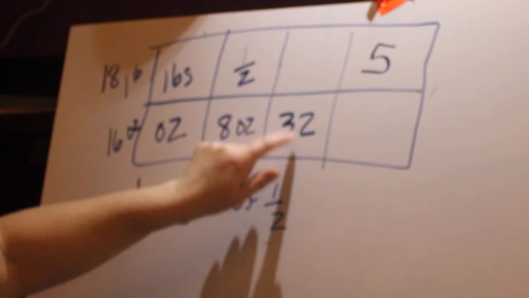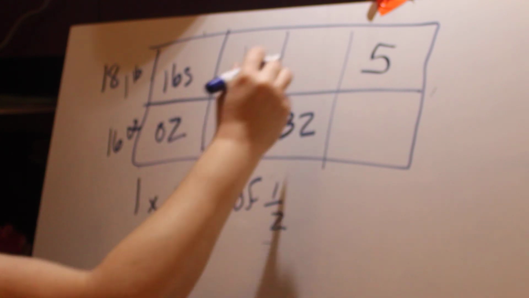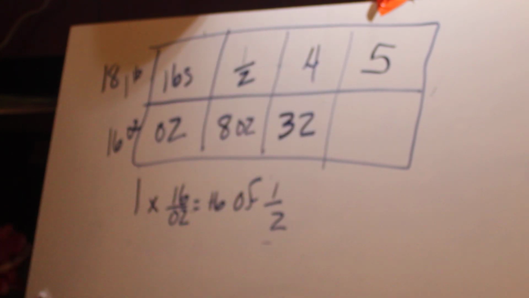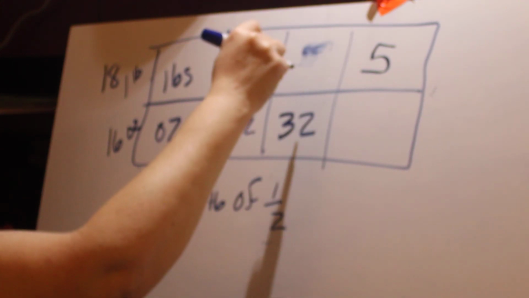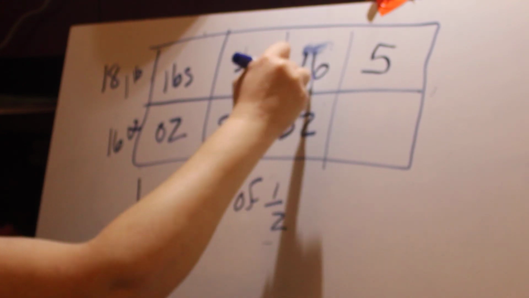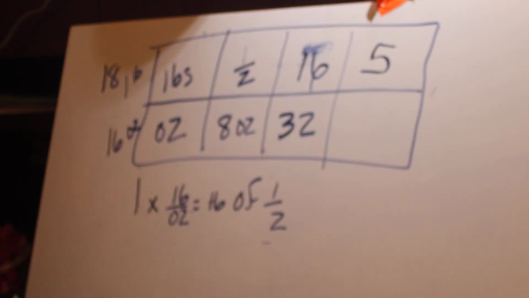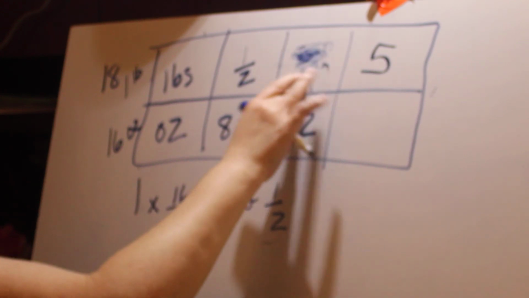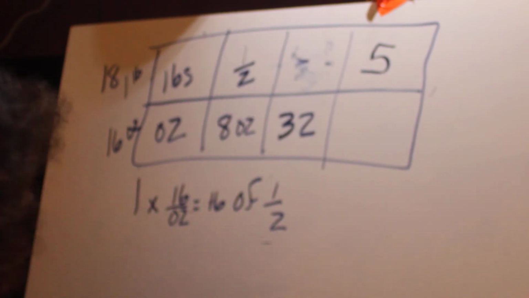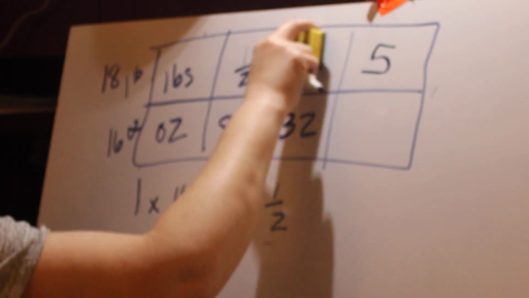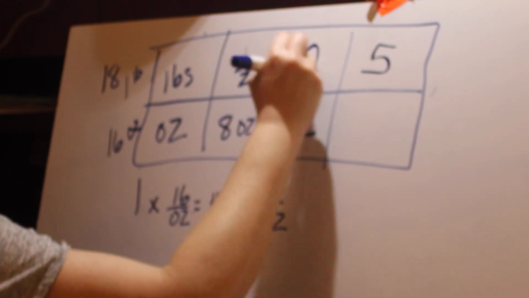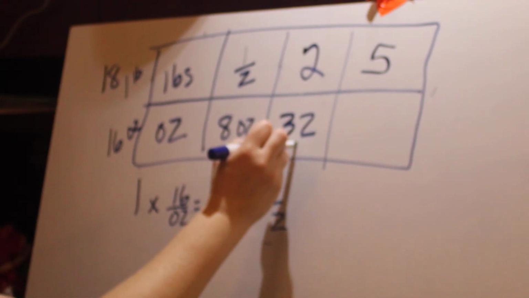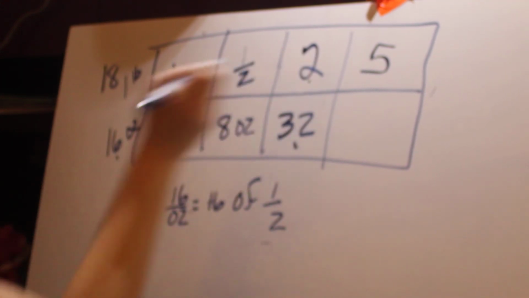So 32 divided by 16 gives me 2. I just did it again. Hey, it's just like being in class when Mrs. Garcia makes mistakes. So that's 2. 32 divided by 16 gives you 2.